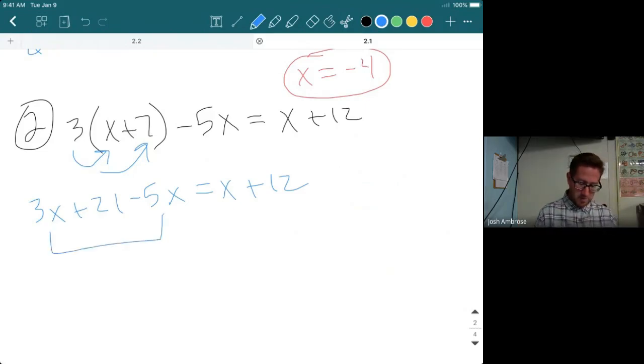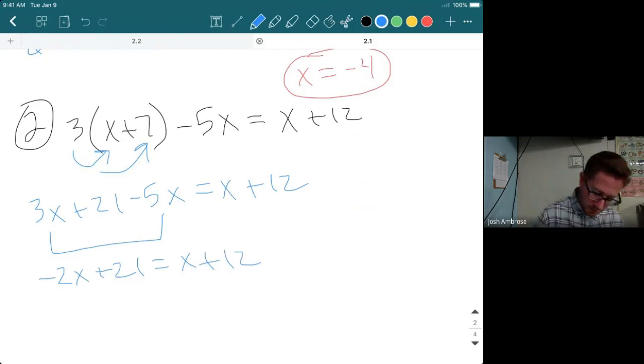They're going to be going together here. 3x, and that's going to be a minus 5x, giving you a negative 2x. Negative 2x, and then plus 21 equals x plus 12.